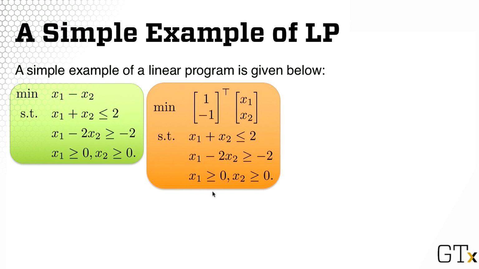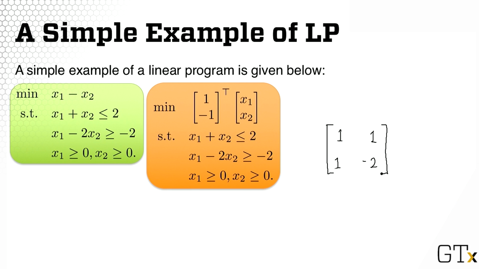So I can also write the constraints in the matrix form. I can put the coefficients of the first constraint here as x1's coefficient and x2's coefficient. And then for the second row, I'm going to write the coefficients of the second constraint.